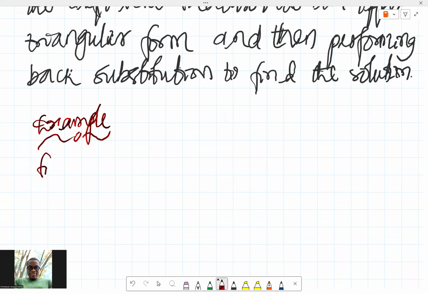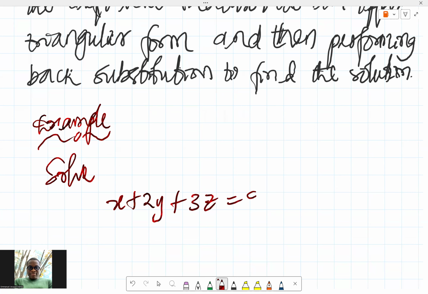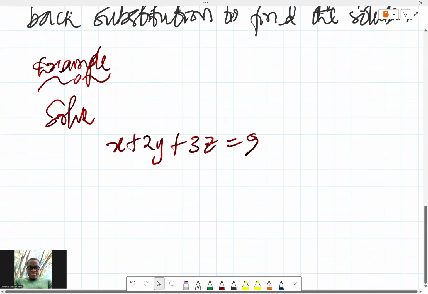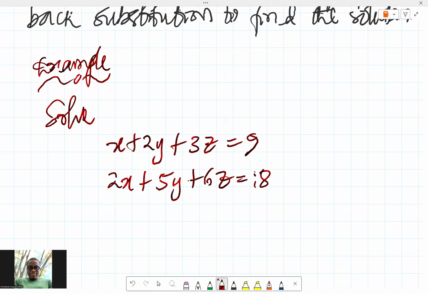Solve x plus 2y plus 3z equals 9, then 2x plus 5y plus 6z equals 18, and finally, 3x plus 6y plus 14z equals 30. So we need to solve this. Of course, to solve this means to look for x, y, and z.